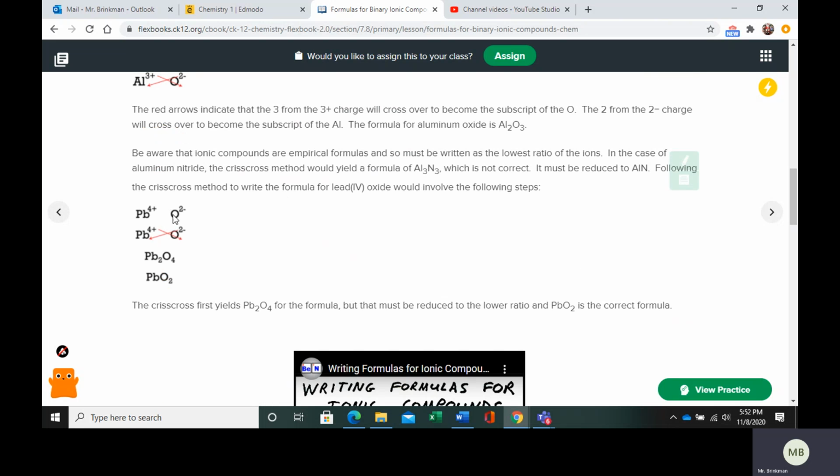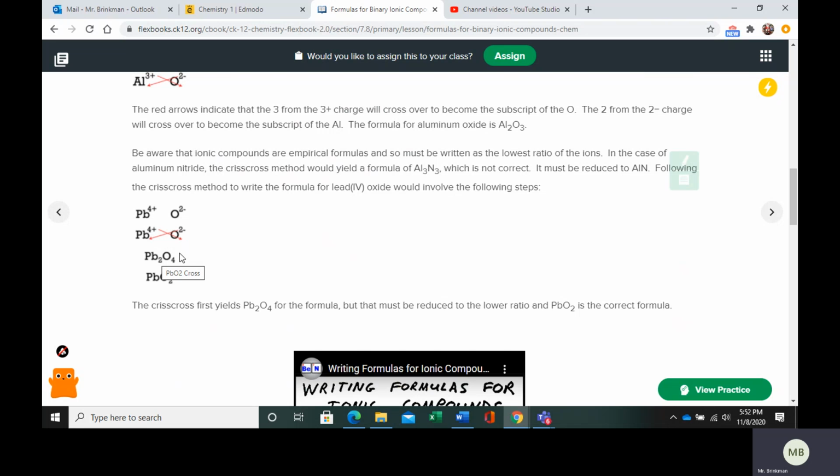You can also use the crisscross method for lead(IV) oxide. Actually you can use it, but you have to put it in the lowest possible ratio. Lead, Pb, is a +4 ion. Oxygen is a -2 ion. If we crisscross these, we get Pb2, which makes +8, 4 plus 4.